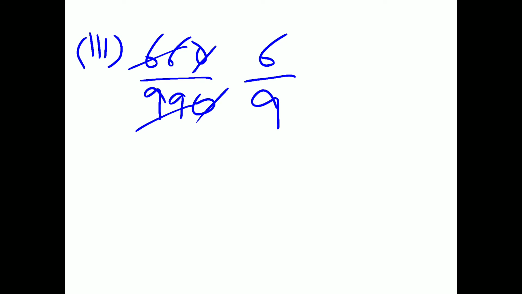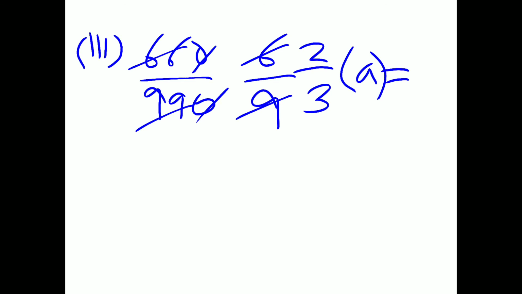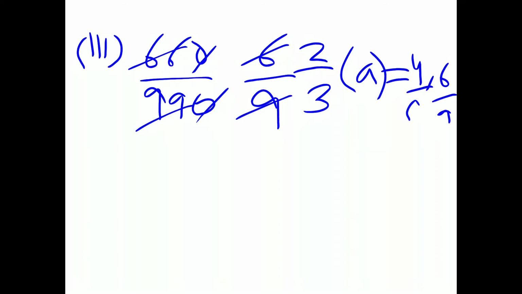Now 6 and 9 also come in the table of 3. 3 2s are 6, 3 3s are 9. So its answer is 2 by 3, A part answer. Clear? You can write more of it: 4 by 6, 6 by 9.